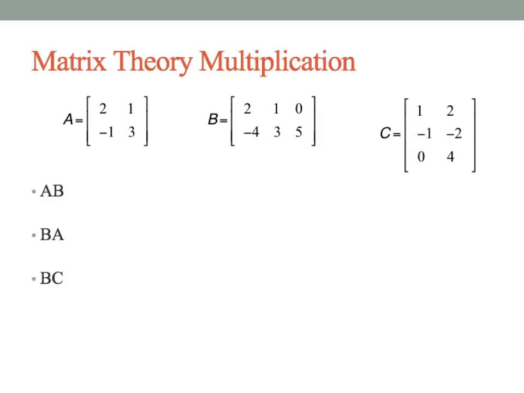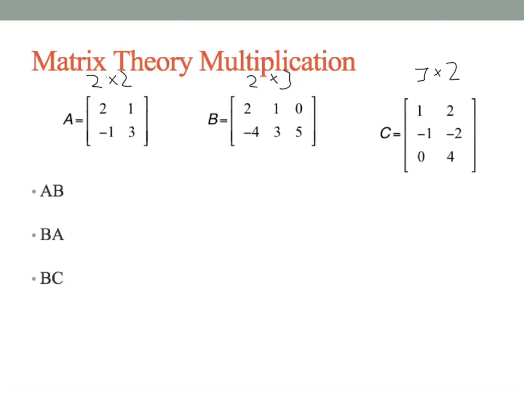Examples to follow here. 3 matrices. Go ahead and label their dimensions real quick. So A is a 2 by 2. Okay. B is a 2 by 3, and C is a 3 by 2 matrix.